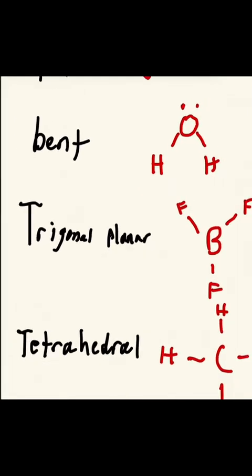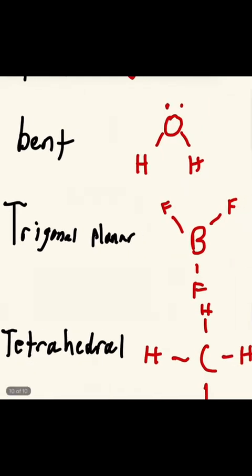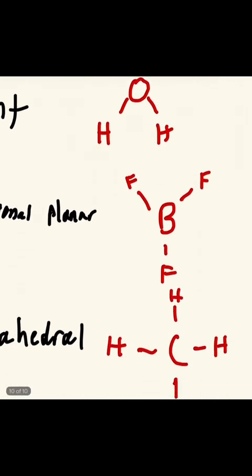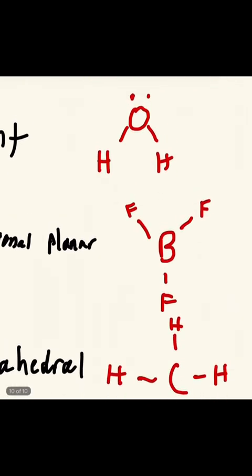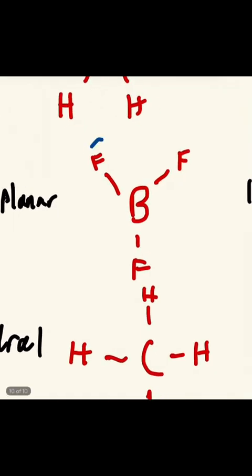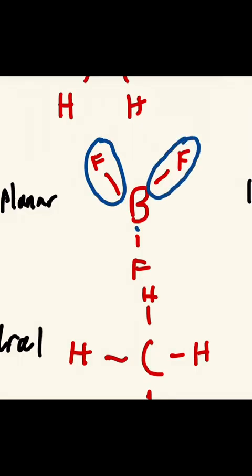Okay, now trigonal planar. So this is similar to our bent structure, but this time we don't have any lone pair of electrons. Instead, we just have 3 of the same atoms, in this example, bonded to that central boron atom.